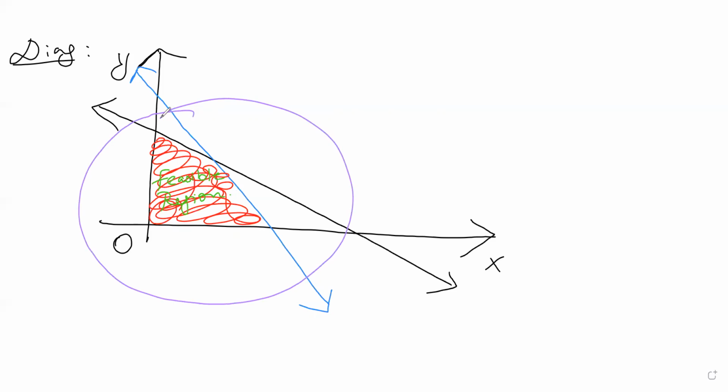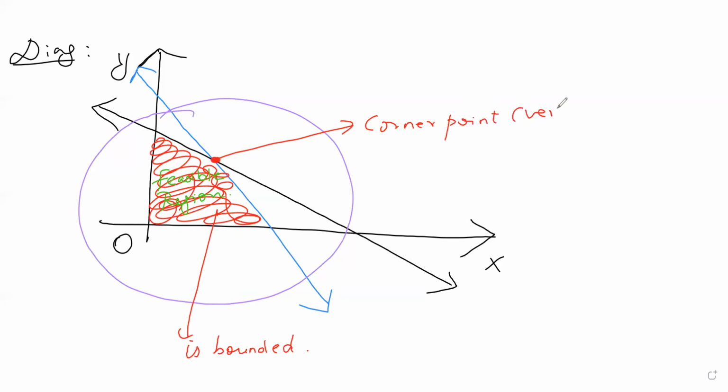So this feasible region is bounded because you can enclose this region within a sufficiently large circle. You can see a purple color circle on your screens. So given this, you can always have the corner point. This is my corner point, also called the vertex.